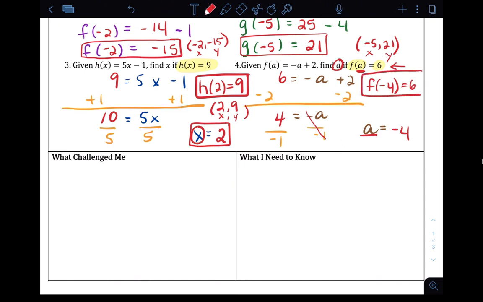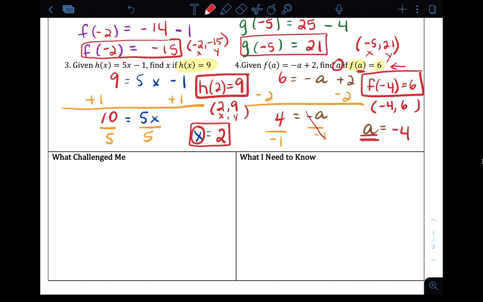This is a great way to write your answer. Another way that we can write our answer is that we understand that this is our input, or our x value in a coordinate point, and our output is going to be 6. So that's another really great way that you can write that answer.